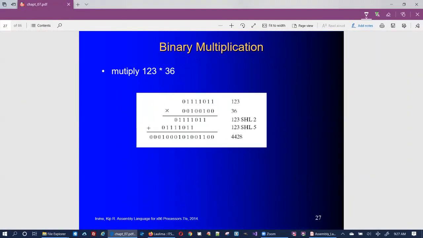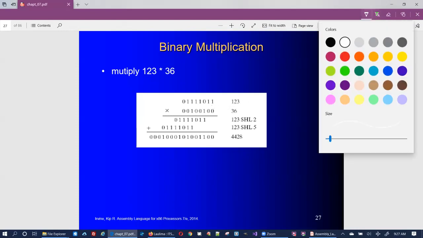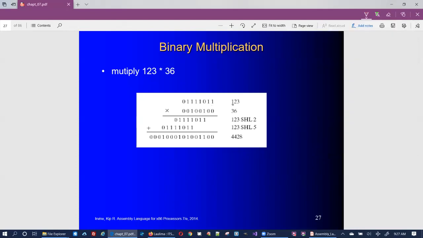For binary multiplication, also called shift add, we're going to multiply 123 by 36. 36 is actually 100100 in binary.